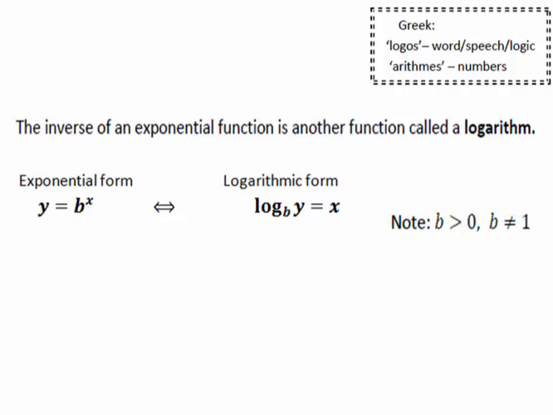And if we have something in exponential form, we can relate it to logarithmic form. We can go back and forth between the two. Now, here's the important thing about a logarithm as it relates to an exponential. First thing we want to notice is that the base in the logarithm is the same as the base in the exponent. The b's are the same.